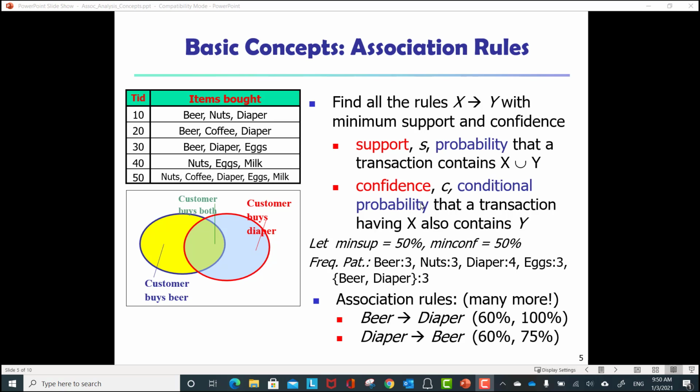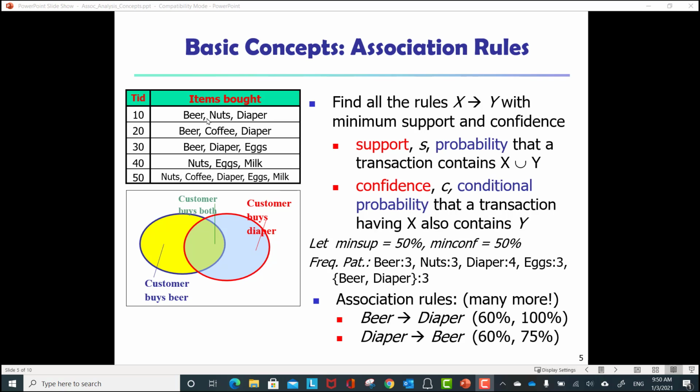So let's say we set the minimum support level to 0.5, 50%, and a minimum confidence of 0.5 or 50%. When you analyze these transactions, the first thing we need to do is find frequent itemsets based on this minsup level.